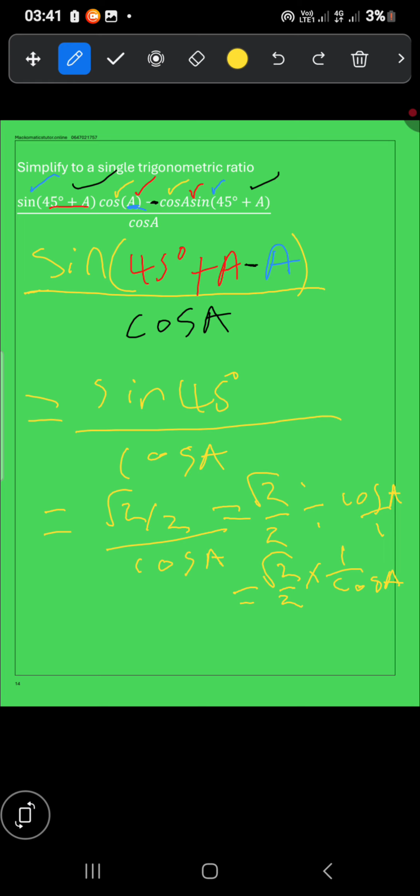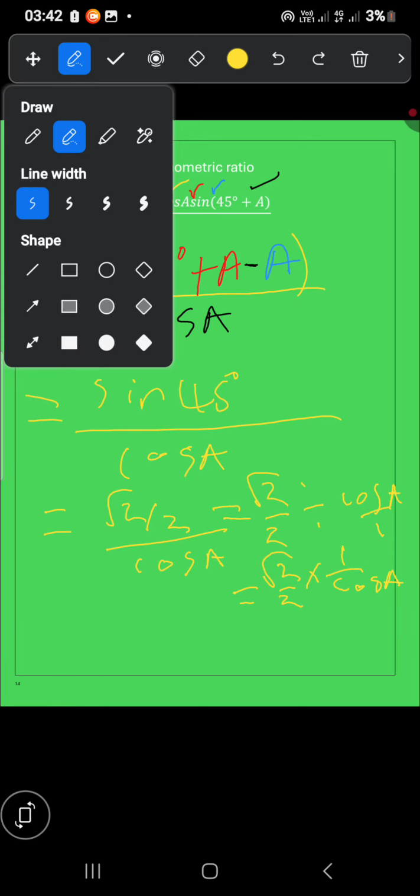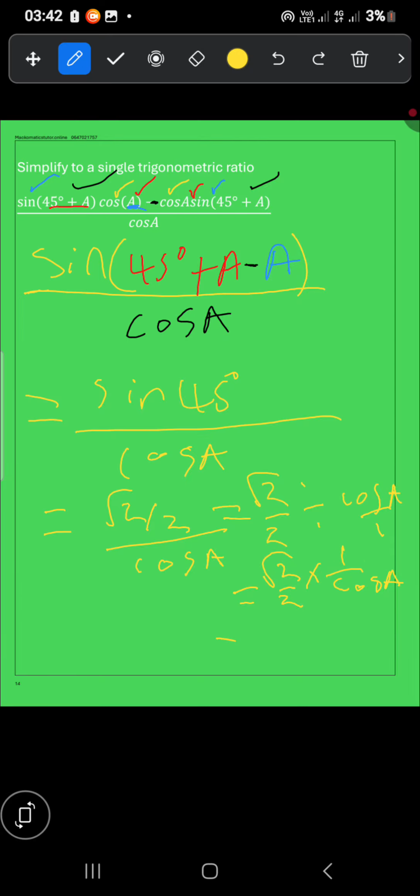When you change the division sign into a multiplication sign, this flips. So the final answer here is root 2 over 2 cos a in the denominator.